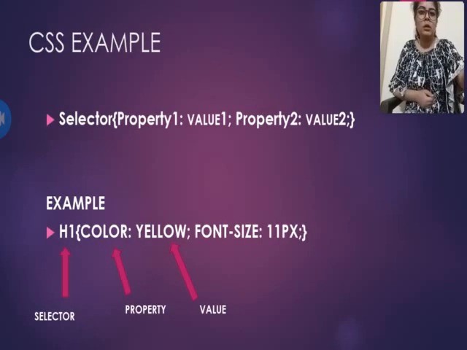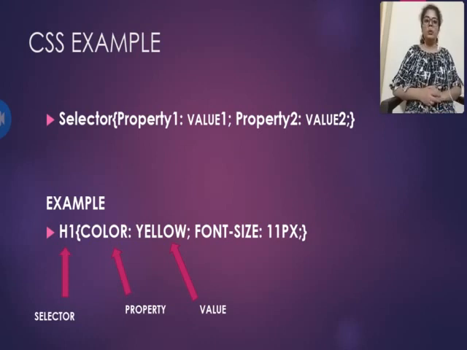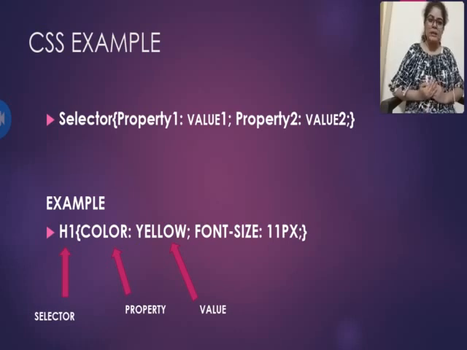Now I have taken one more example to explain the syntax of selector and declaration. Look at the first syntax. Whenever you have to apply CSS on any web page, you must follow this syntax. You write the selector, start with a curly bracket, property 1.